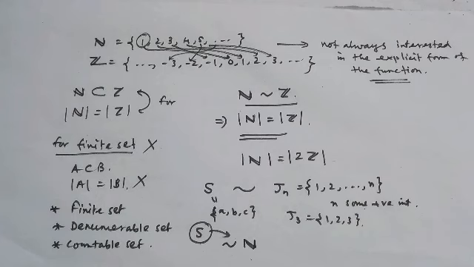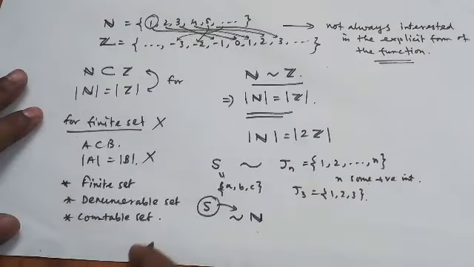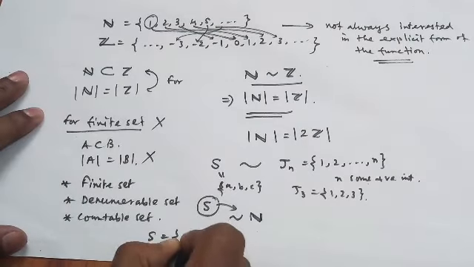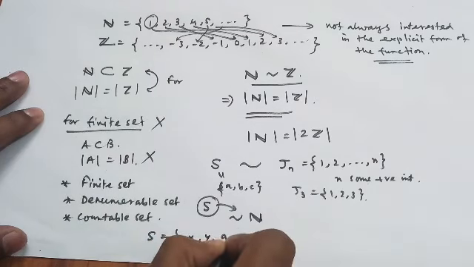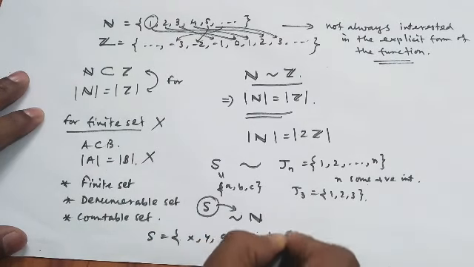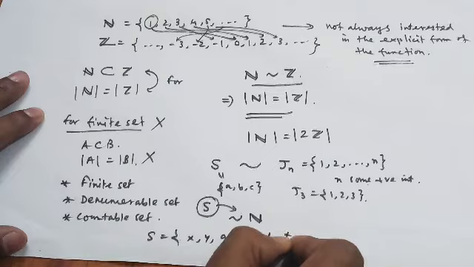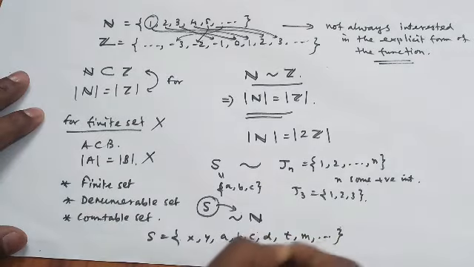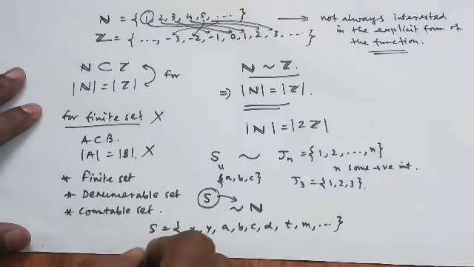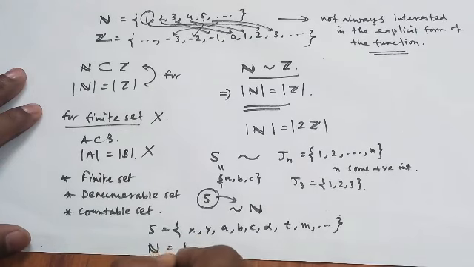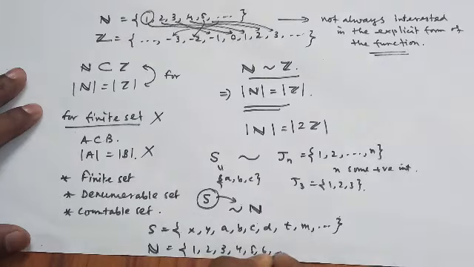That means every element of that set S should be enumerated in some fashion to the set of natural numbers. For example, I am taking S as X, Y, A, B, C, D, T, M, and so on, in a random fashion. But N is there: 1, 2, 3, 4, 5, 6.